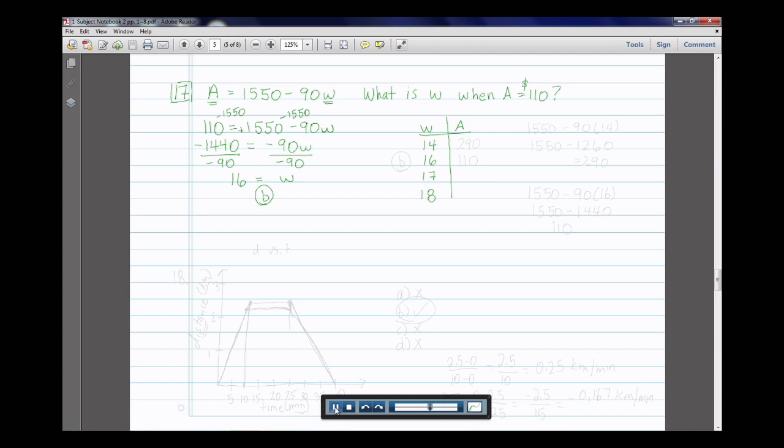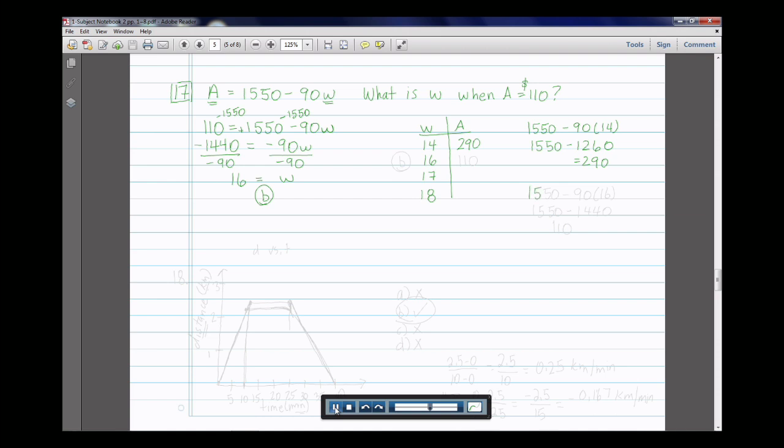We have 1550 minus 90 times 14, which is 1550 minus 1260, which is equal to 290. So that's not what we're looking for. So A is not the answer we want.